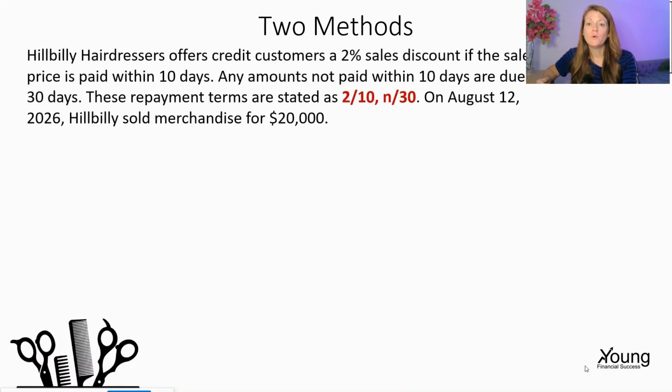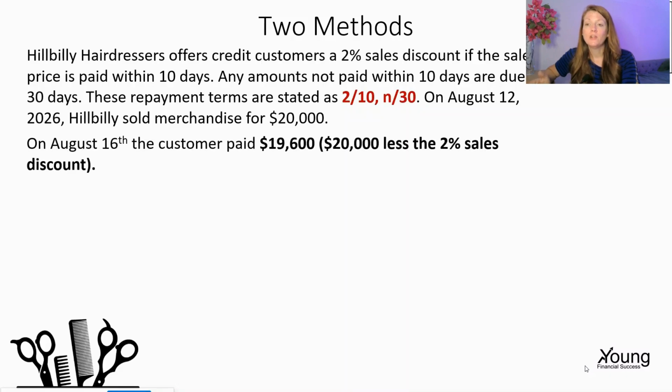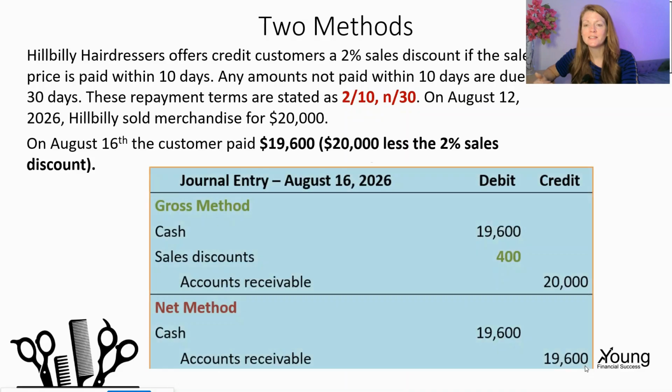All right, so let's say that on August 16th, the customer paid the $19,600. They took that 2% discount. So if we had used the gross method and assumed they weren't going to take it, we would now be debiting cash for just the $19,600, but we have to credit accounts receivable for the full $20,000.